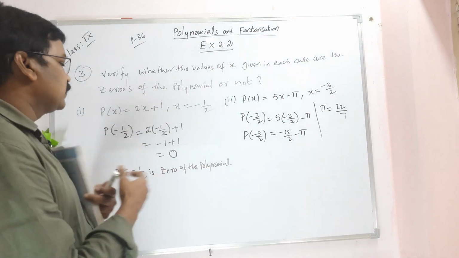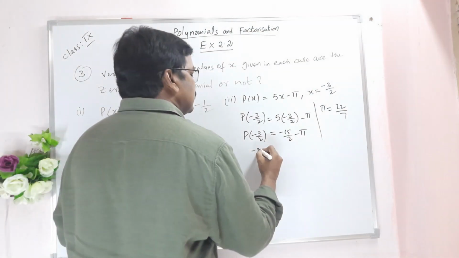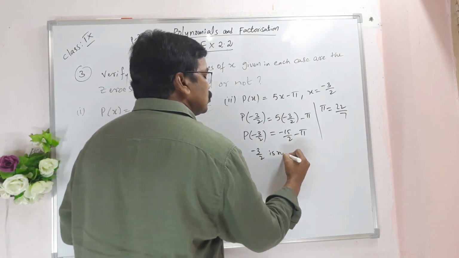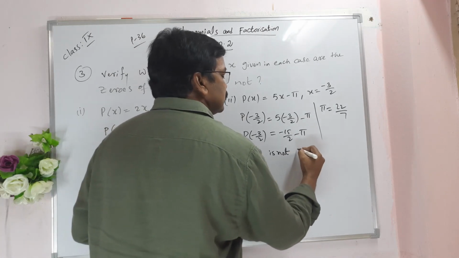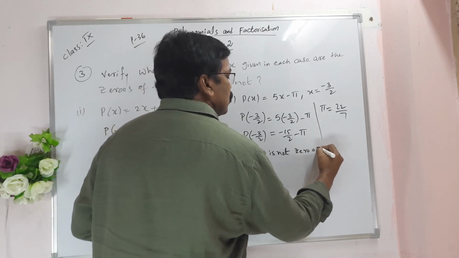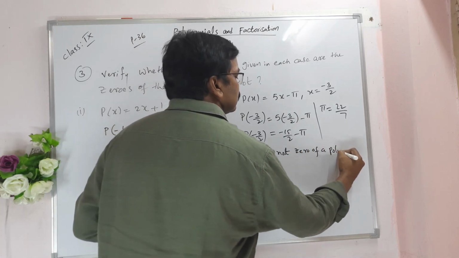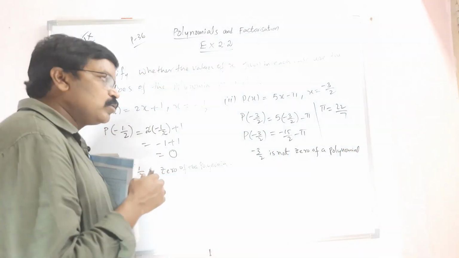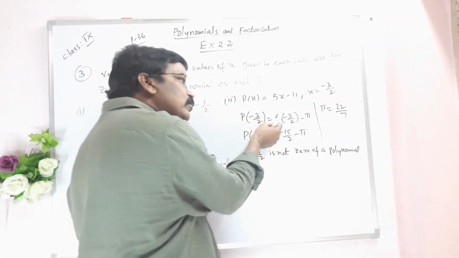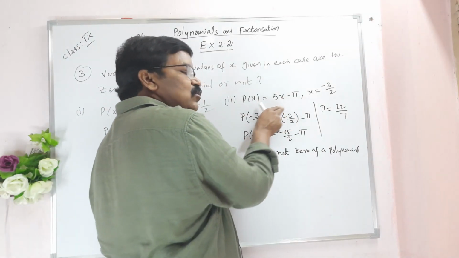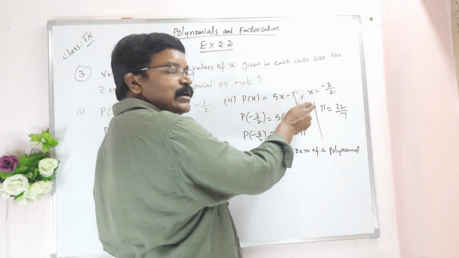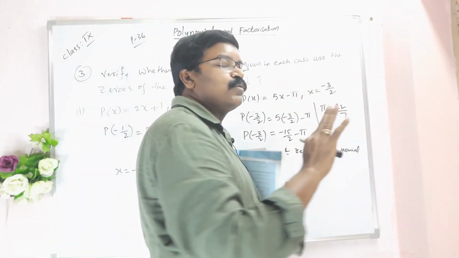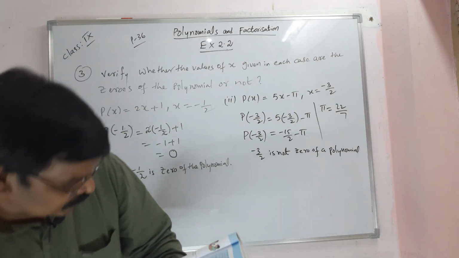But here this minus 3 by 2 is not a zero of the polynomial. Why is it not a zero of the polynomial? At x is equal to minus 3 by 2, the value of the polynomial, that means 5x minus pi, is not equal to 0, right?